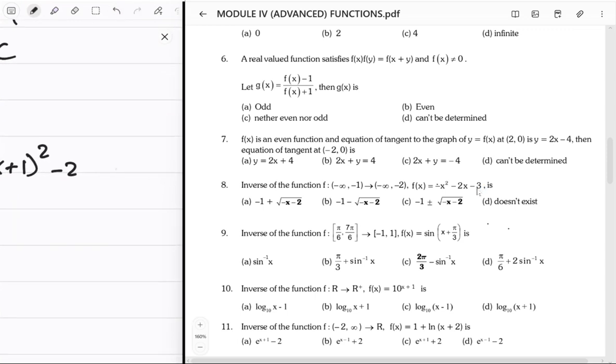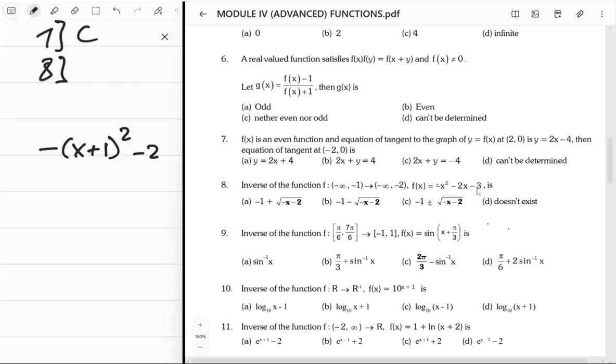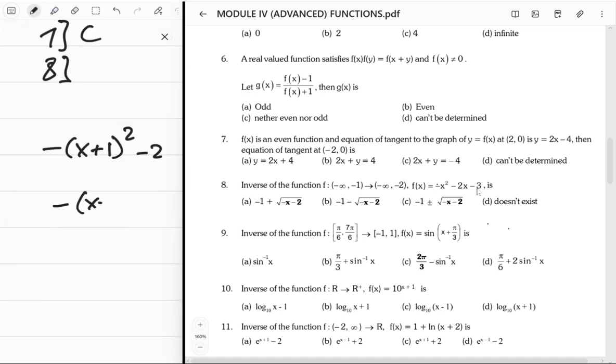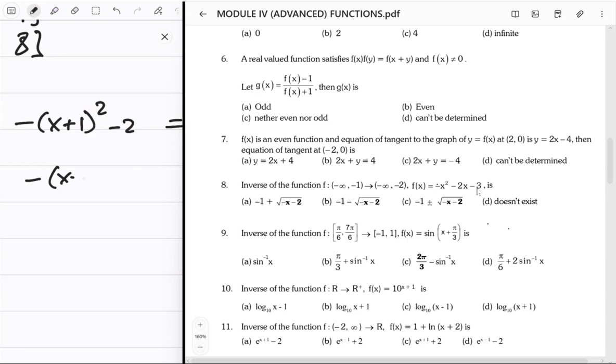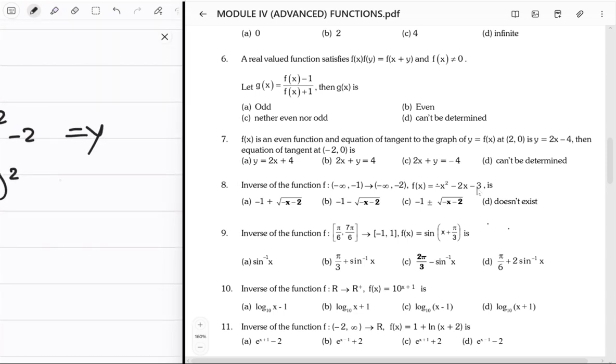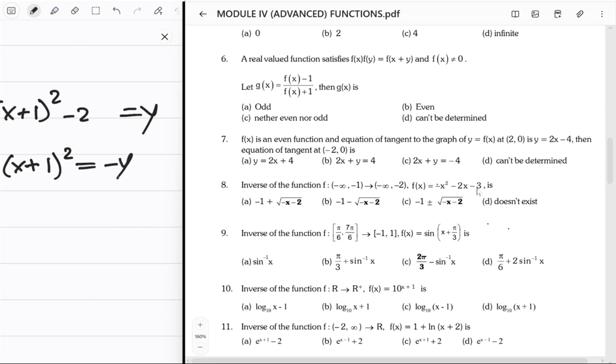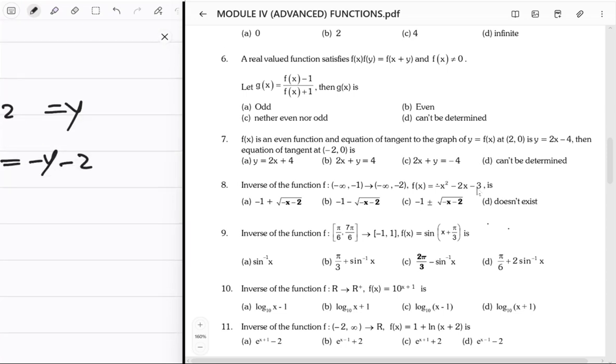If this is equal to y, then y is already negative. So this is going to be equal to negative (y plus 2), because y plus 2 is strictly less than 0, that is, y is less than negative 2.